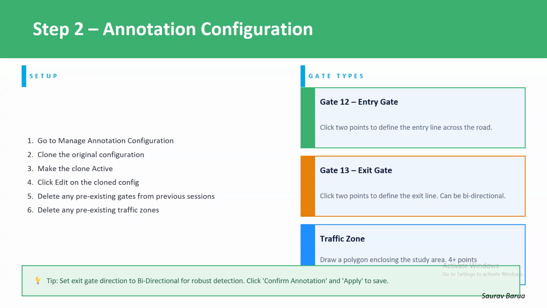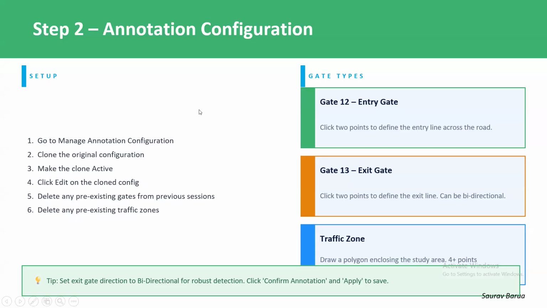From the drop-down, we can select bi-directional, neutral, positive, or negative. We can use bi-directional here, but based on up or down traffic, we can use the negative or positive direction.